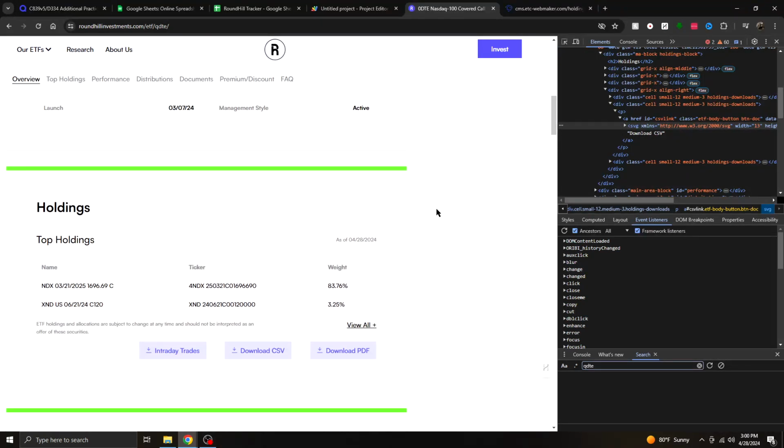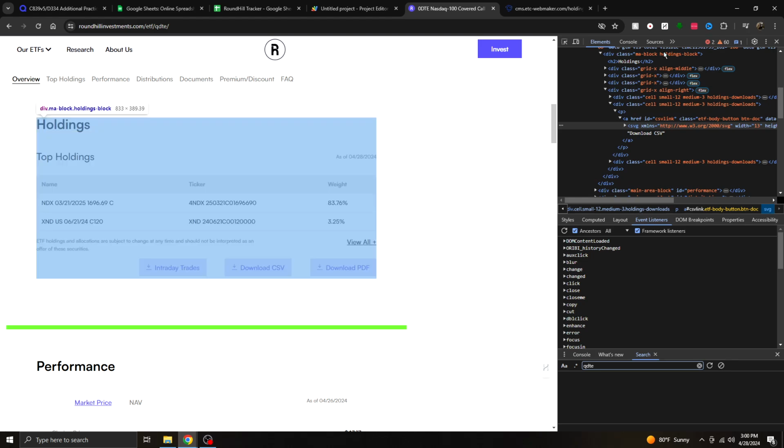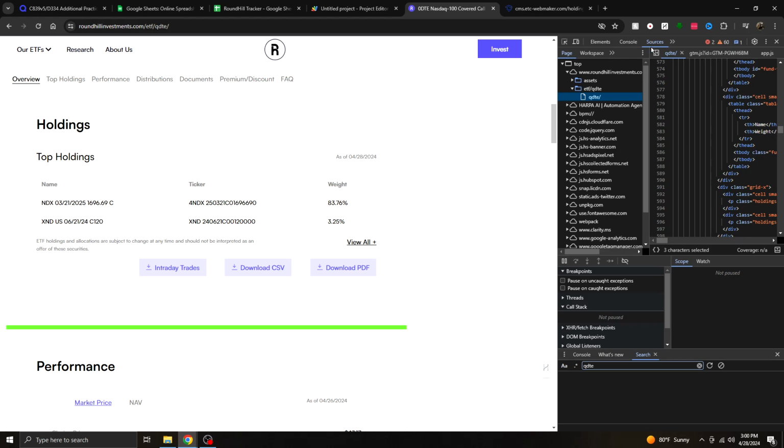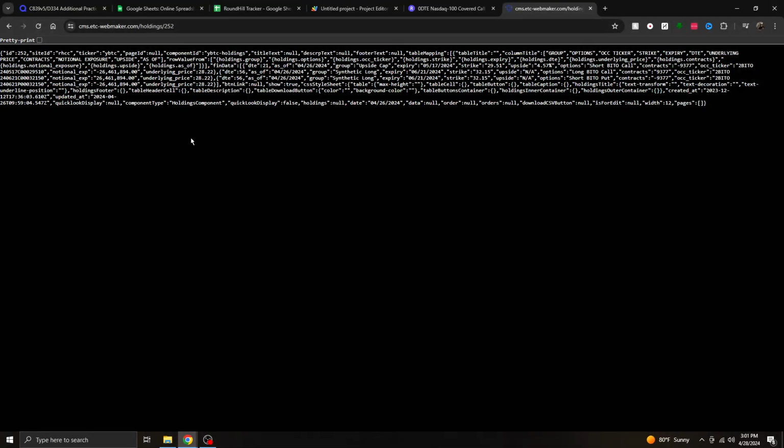QDTE or Roundhill, they didn't make it that easy, but they did put a link to all of their holdings. So I forget exactly where I found it. I think it was in maybe network or sources where I found it, but there is a website here.